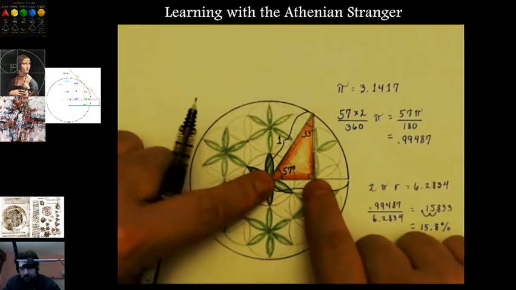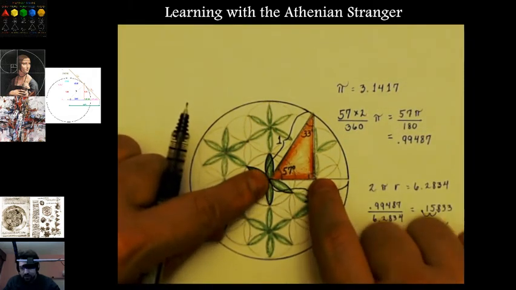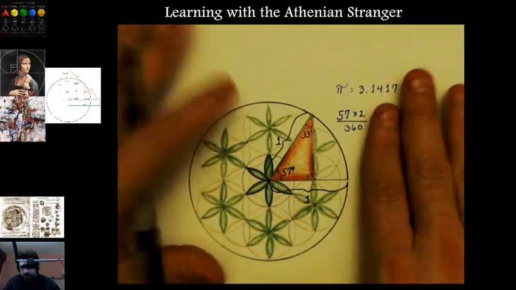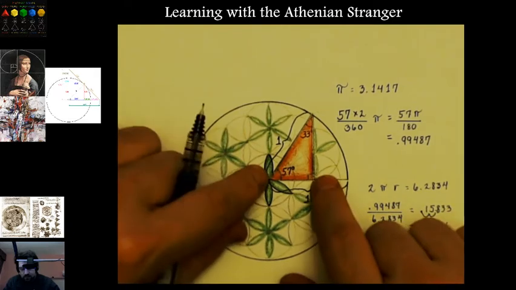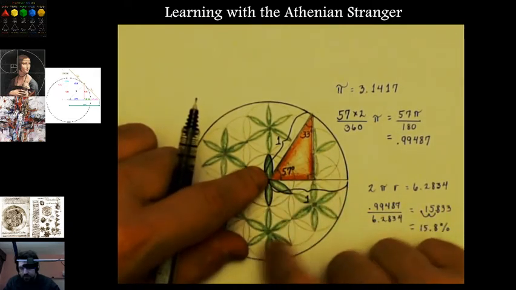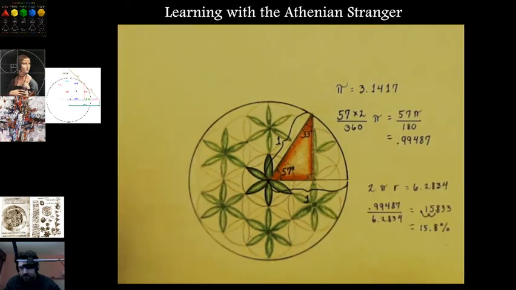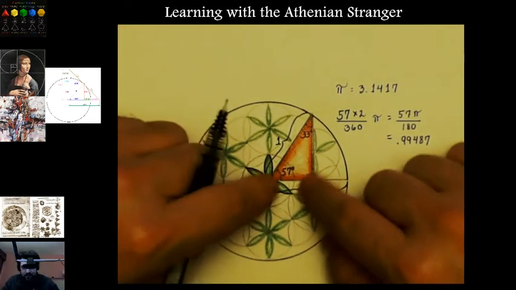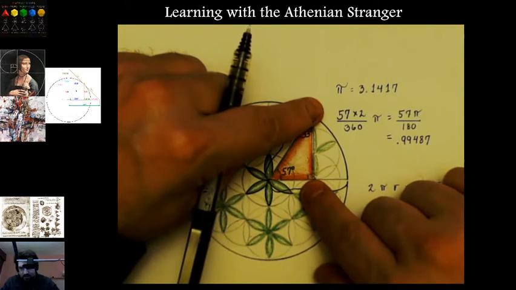So I can't say cosine because I have no idea how to find that algebraically. Remember, my goal here is to not use a trig function in a calculator. So I've got a little trick up my sleeve to find the sine using only radians and the degree measurement, this little trick that I'm about to show you. So I need this distance.